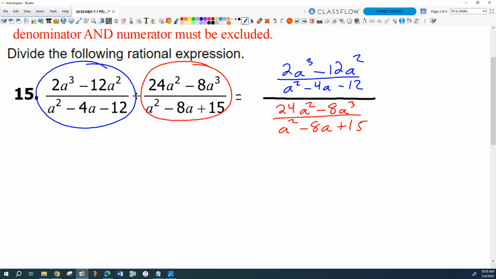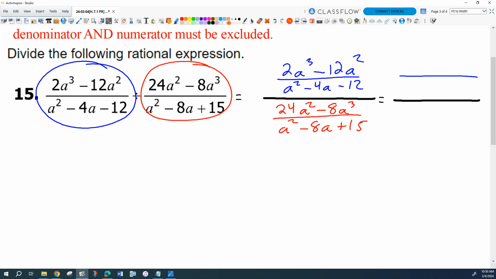So what do you think our first step is? Okay, but before we do anything, eventually we're going to, but what do we need to do first, do you think? Factor everything. Yep, we're going to factor everything. Good. Okay, so if we look at the blue fraction up here, how does the numerator factor?